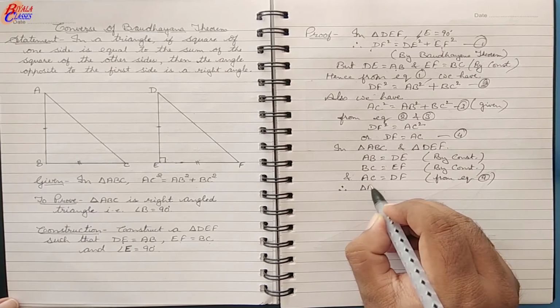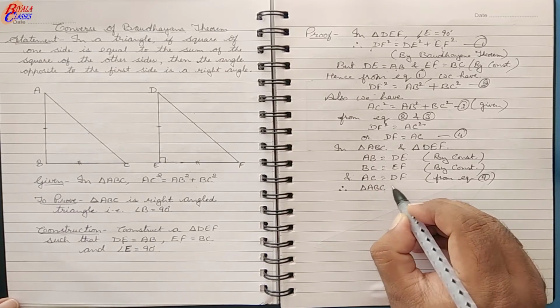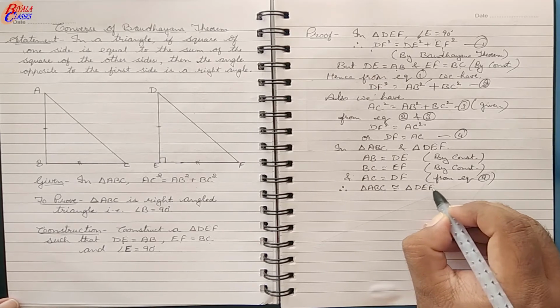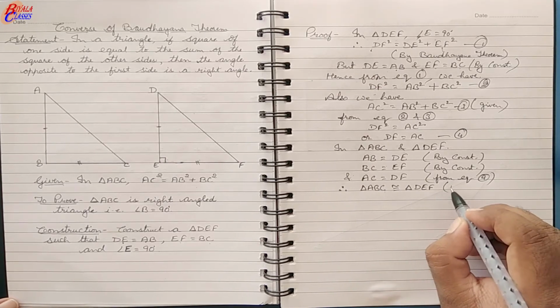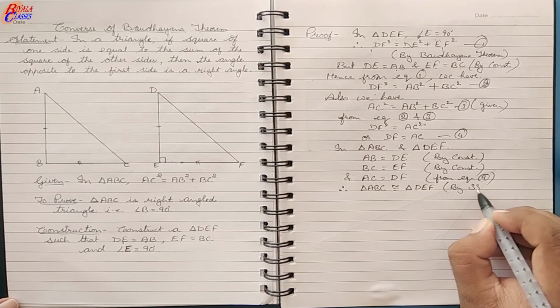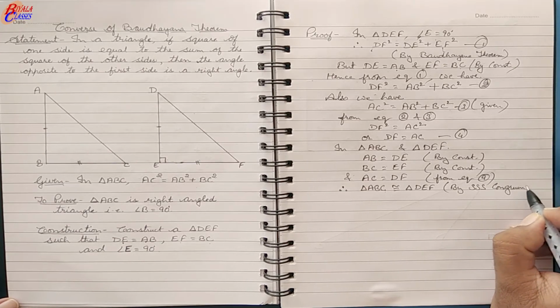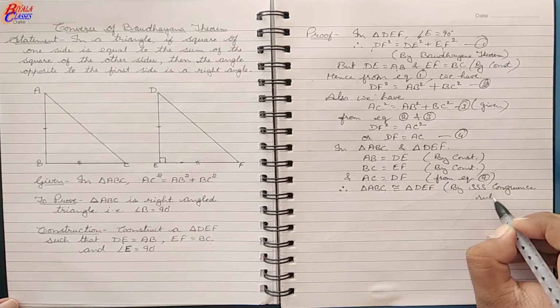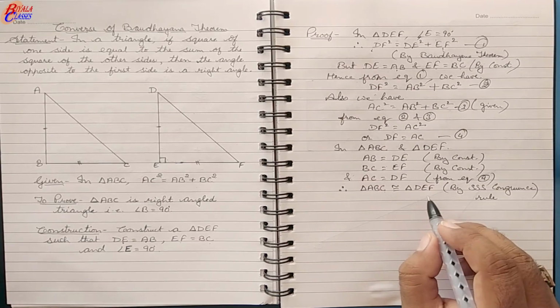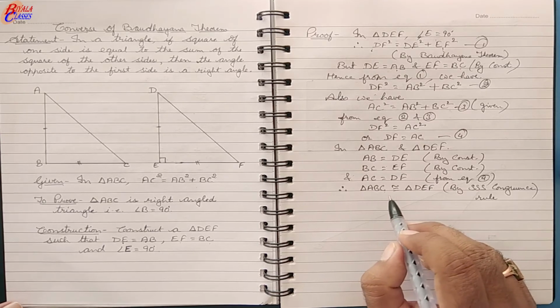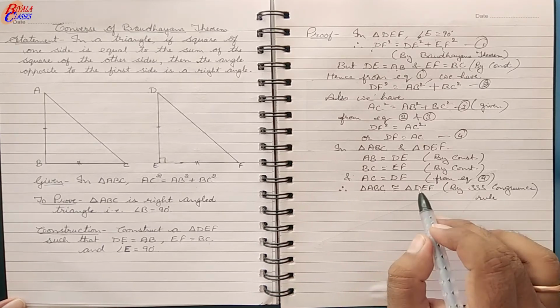Therefore, triangle ABC is congruent to triangle DEF. This is by the SSS congruence rule. We are making them congruent, so the two triangles are congruent. Because the two triangles are congruent, the corresponding angles will be equal.